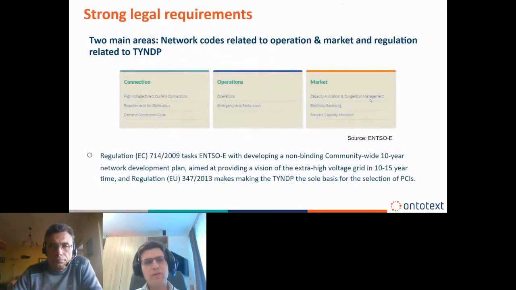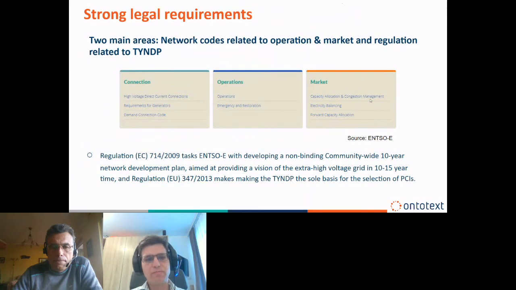We have strong legal requirements. As many of you most probably know, in Europe there is an extensive set of legislation. It was initially packaged in the third energy package published in 2009, where ENTSO-E, the Association of the Transmission System Operators in Europe, and ACER, the Agency for the Cooperation of Energy Regulators, were established.